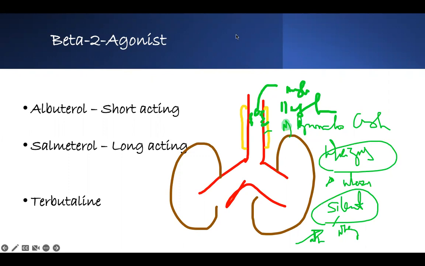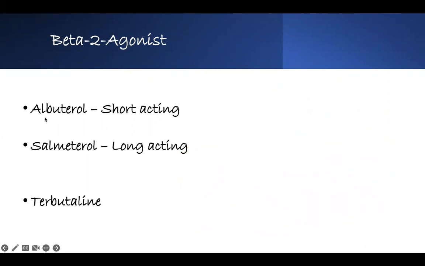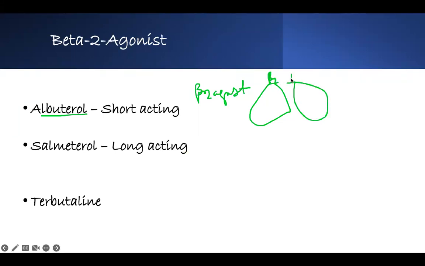So the Albuterol, which is a beta 2 agonist, okay, it's a beta 2 agonist. What does that mean? You have two lungs, okay, and each of them has beta 2 receptors. Your heart has beta 1 receptors.